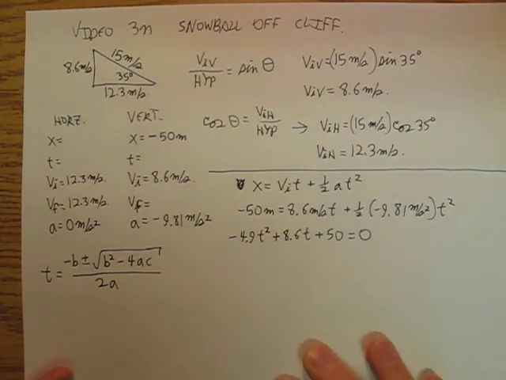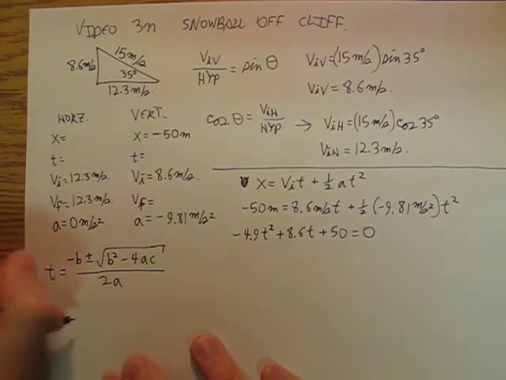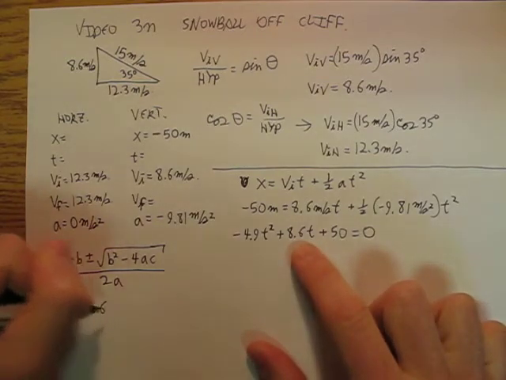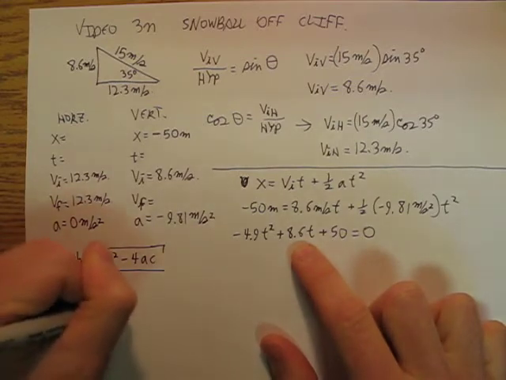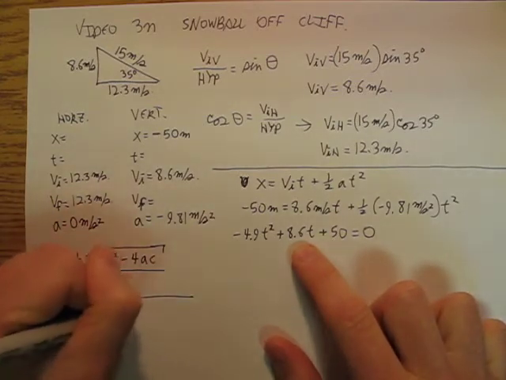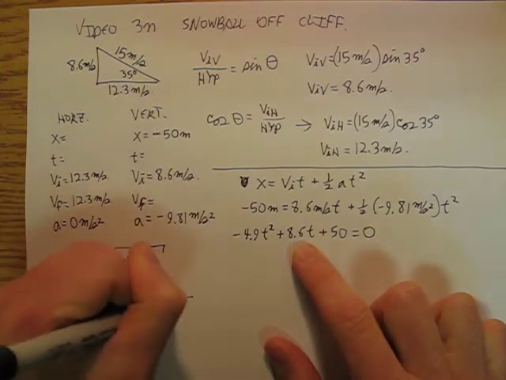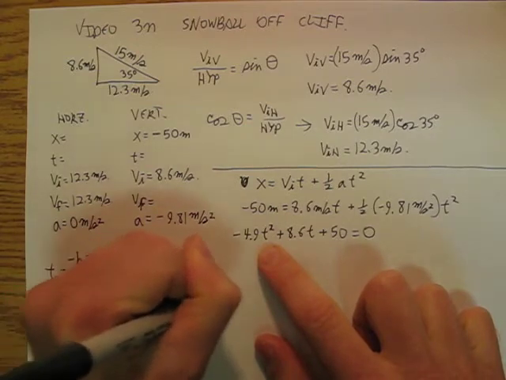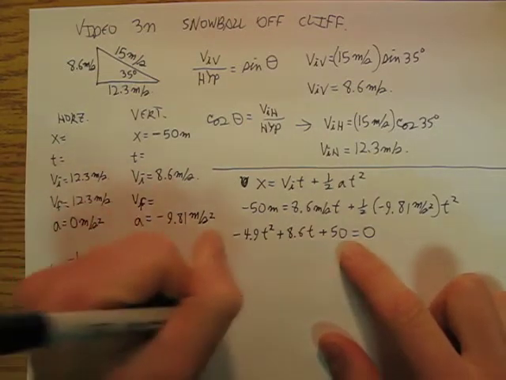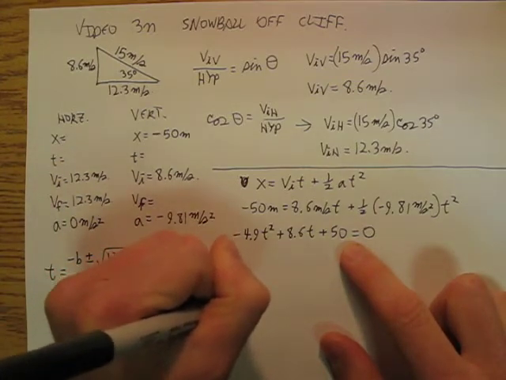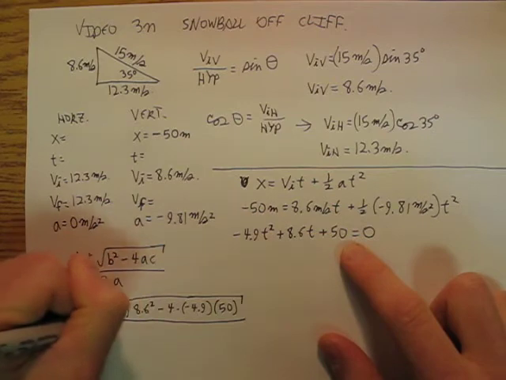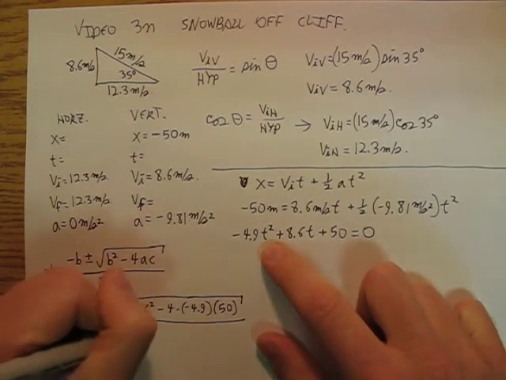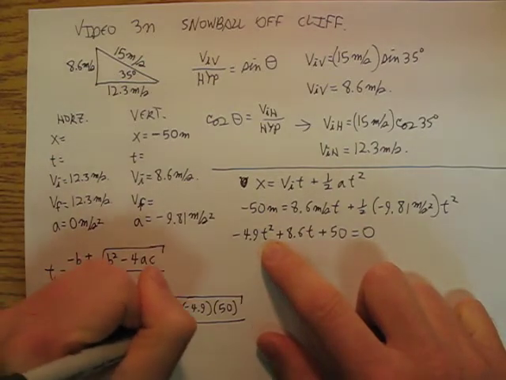And so if I plug that in, I get t equals minus b is going to be 8.6 plus or minus square root of 8.6 squared minus 4 times a is negative 4.9, and c is going to be 50, and that's all going to be over 2 times a is negative 4.9.